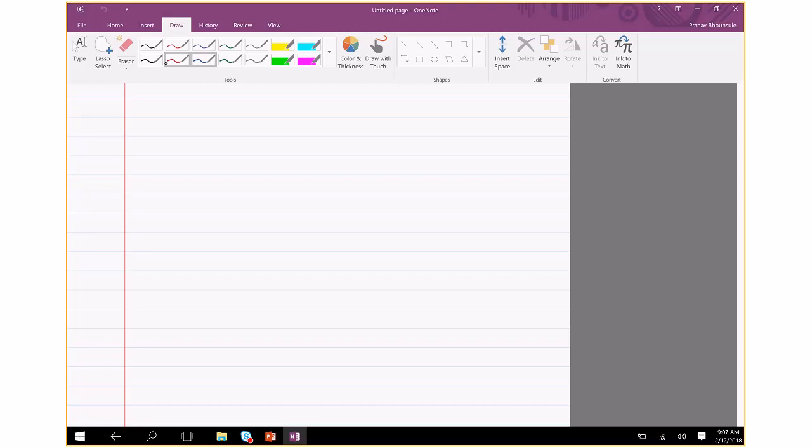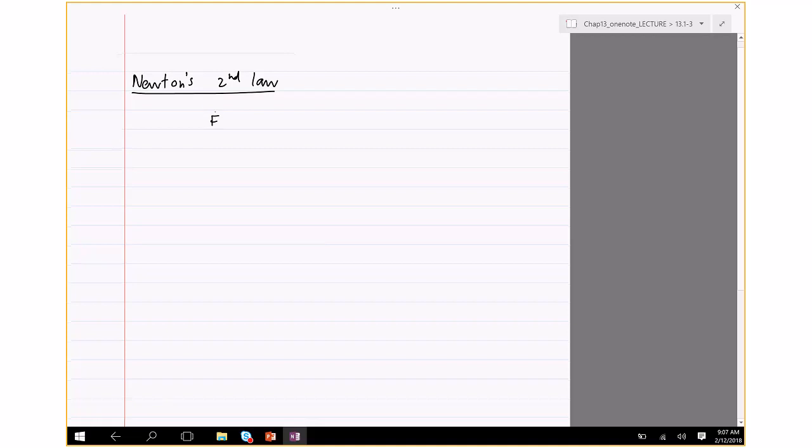Okay, so this chapter is essentially about applying Newton's law. Newton's second law, which states that force equals mass times acceleration.